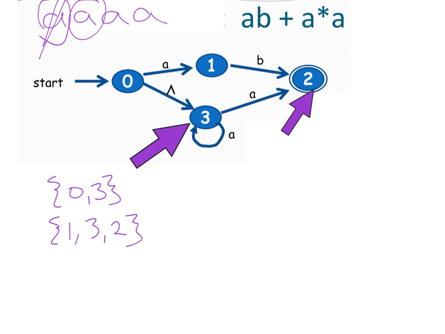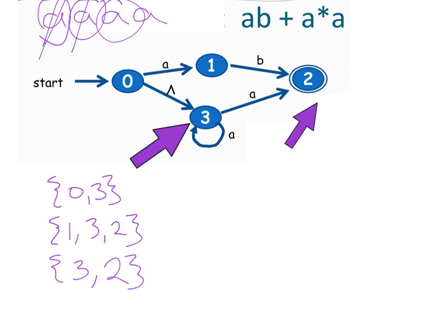And now we process the next A. You can see that if we process the next A, we're starting out at state 3 or state 2. If we're at 2, we can't do anything, so that arrow goes away. If we say, maybe I was at state 3, we could take that loop, or we could take that arrow, and so we have a possibility of being at state 3 and state 2.